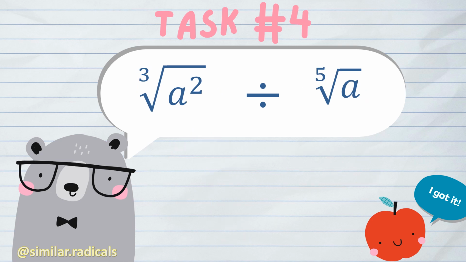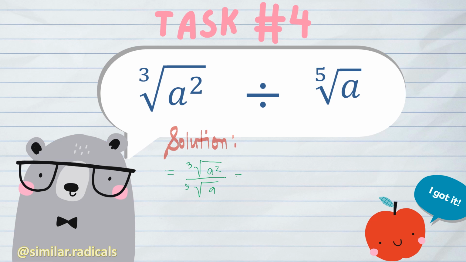Alright, so now let's proceed to our next task. What's the difference of this task to the previous examples? As you can see, this time we do have different indices. So I would start with rewriting this: 3 cube root of a squared divided by fifth root of a.